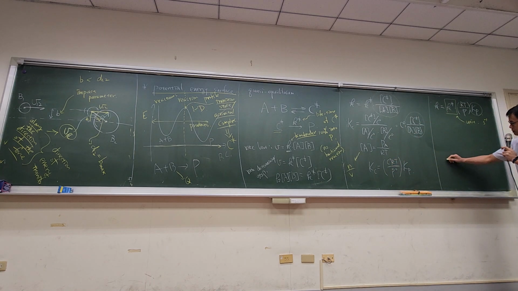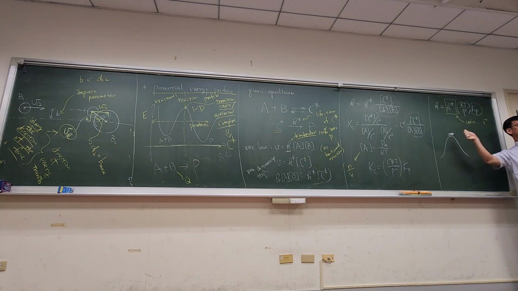So let's say you have some changing state here doing some, let's say, vibrational motion. And this K double dagger should correspond to the frequency of this vibration, because when you vibrate once, it goes to the product.